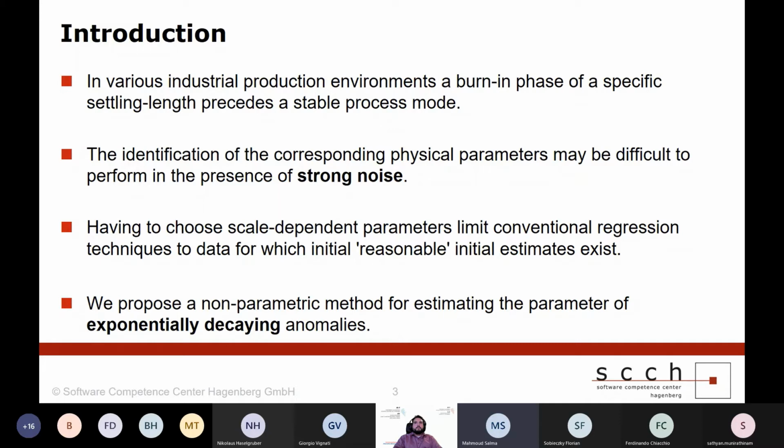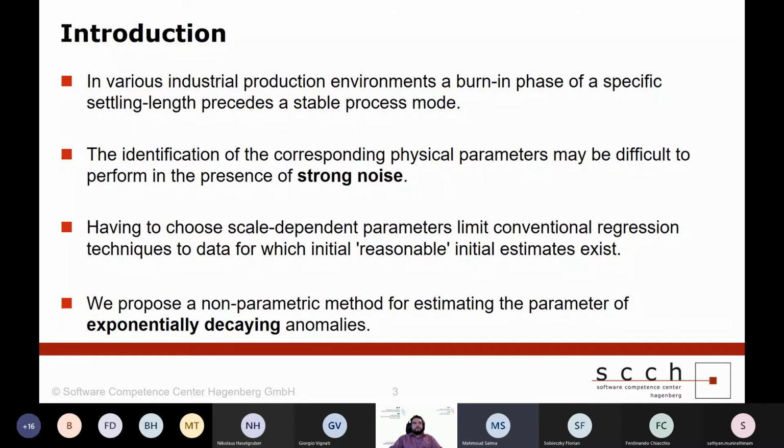And for the burn-in phase or the warm-up phase, it's typically harder to know if there are some anomalies or not, because in the warm-up phase there is usually strong noise, because this is the part where the machine is just starting up, just warming up, and hasn't reached the normal process yet, or the settling time yet.